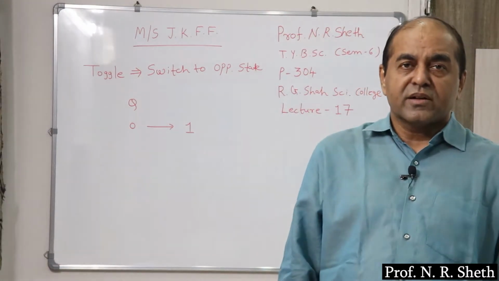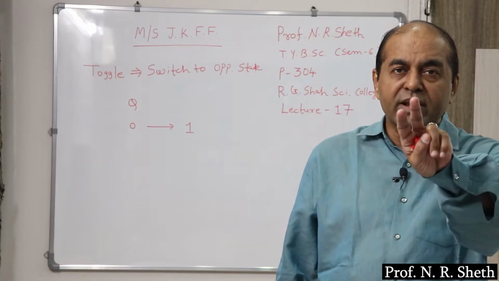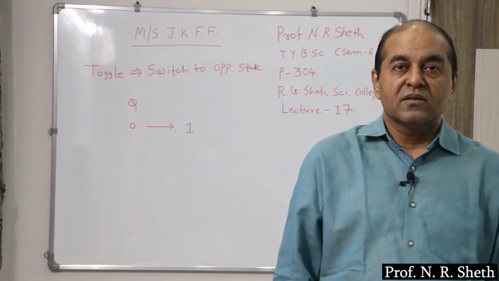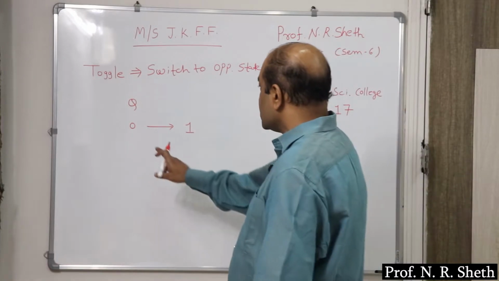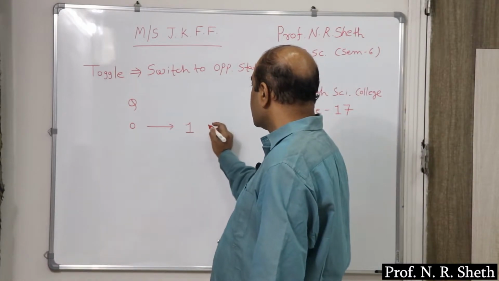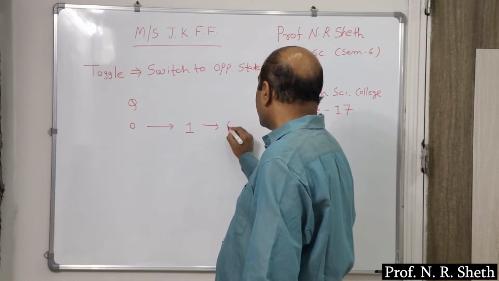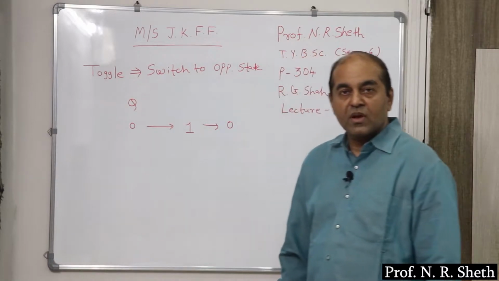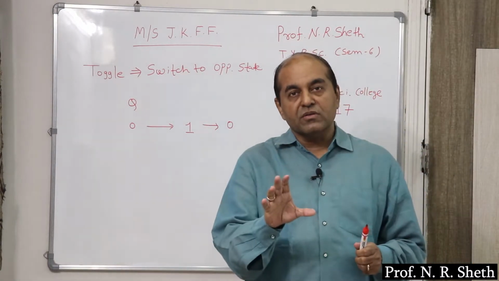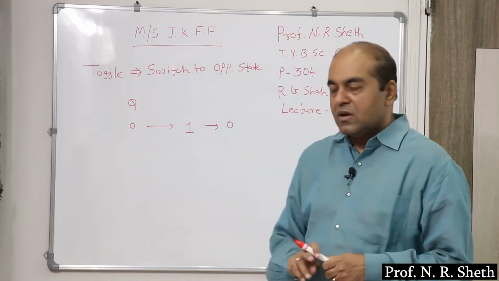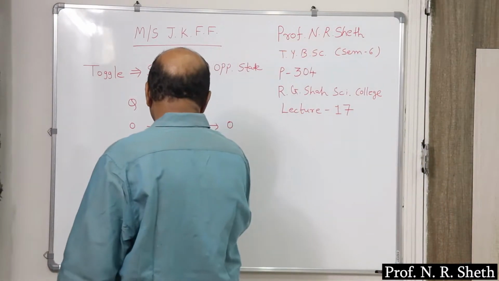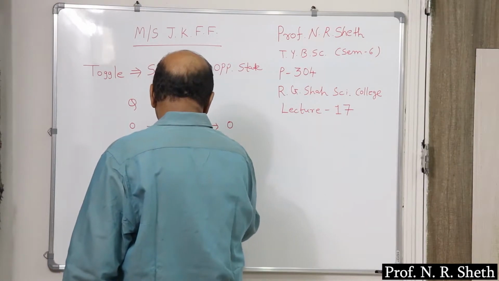But let us assume that if toggling occurs twice in one cycle, then from 0 it becomes 1, and again from 1 it becomes 0. And this action is completed in nanosecond. Nanosecond means 10 raised to minus 9 second.